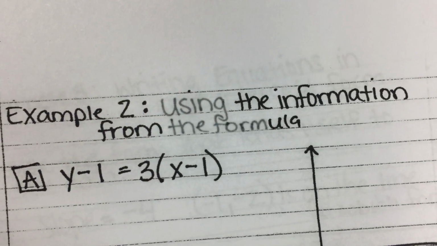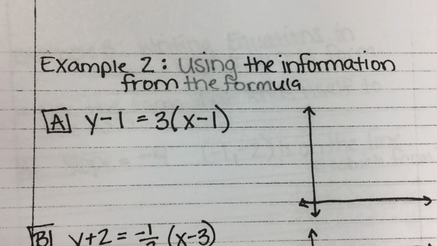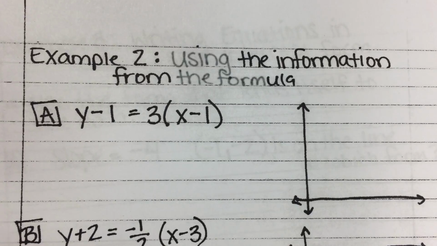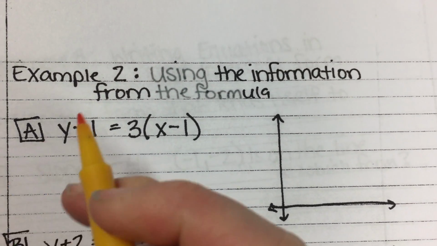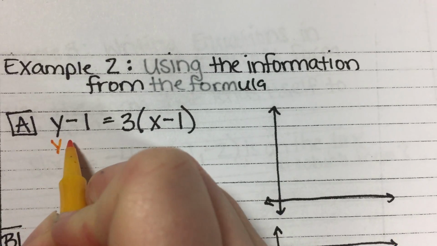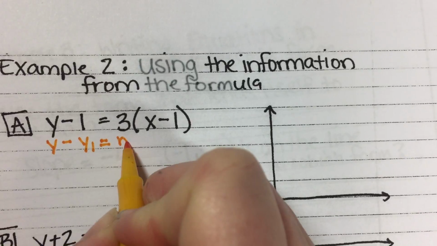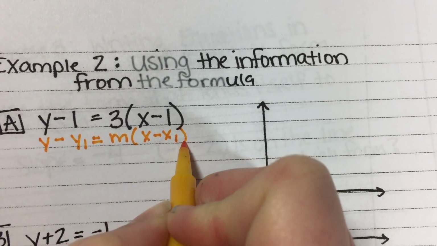A couple of things that we're going to need to do is pull the slope, and we're going to need to pull at least 1 point from it. Again, if I have the equation underneath this, remember this is supposed to be y minus y1 equals m times the quantity of x minus x1.